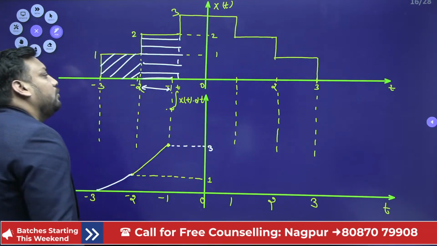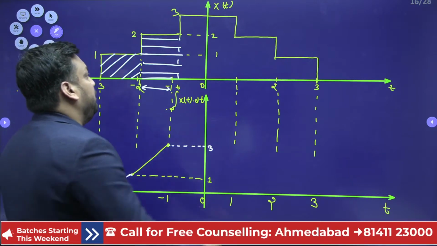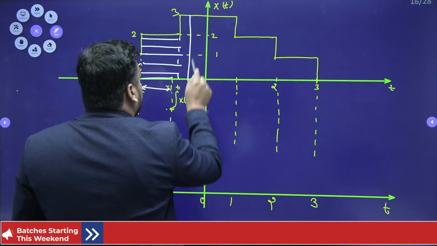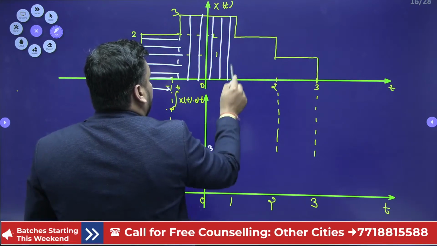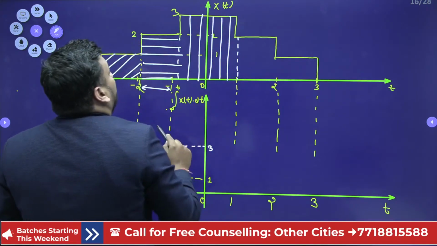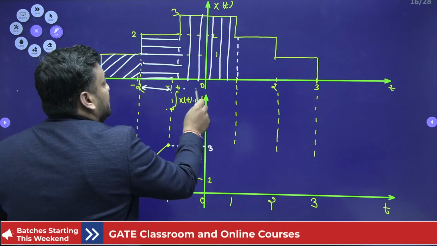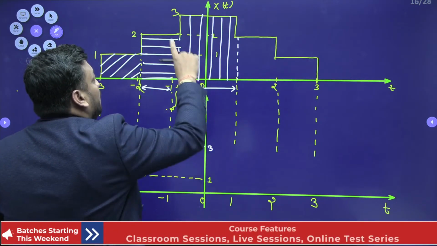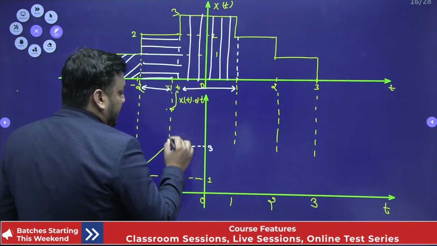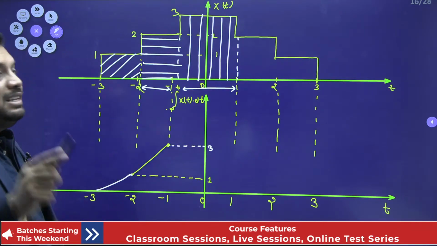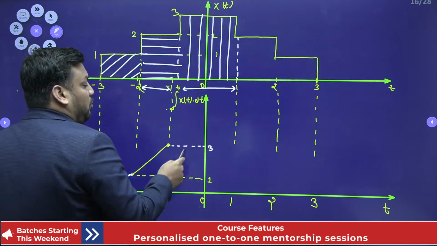Now tell me, guys, what is happening here. What is the area of this? The distance from -1 to +1 is 2, times 3, which is 6. It means again you have to make a ramp signal which will travel 6 magnitude. You are still at 3.